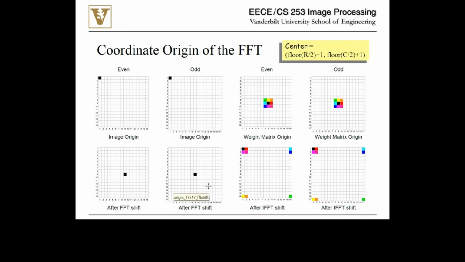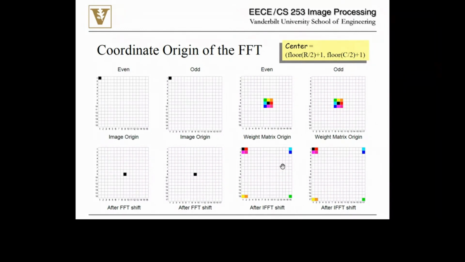For instance, this image is 17 times 17, so you can put 8 pixels on one side, 8 pixels on the other side, and the origin is just in the middle. But if you have an image that has even sizes, you cannot define the origin such that it has the same amount of pixels on each side, because otherwise you would need an odd number of pixels. So it has to be a little bit off center.